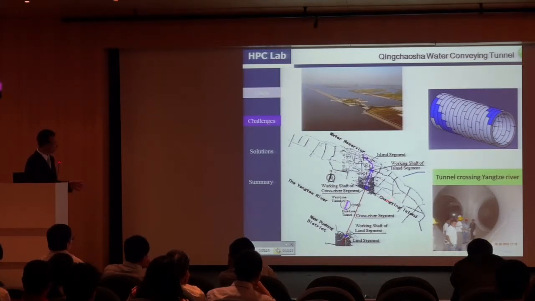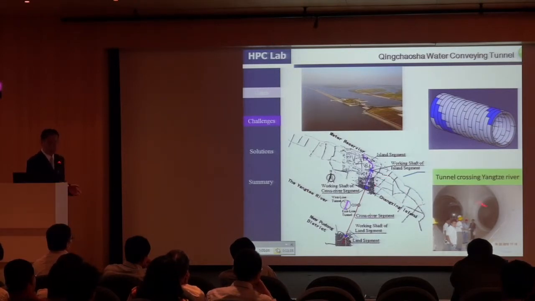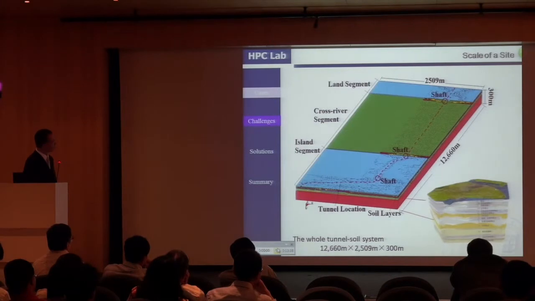So the consulting company wants to know what would happen to the huge project during a strong earthquake. But the difficulty for us to compute such a huge size will need more resources and computers.